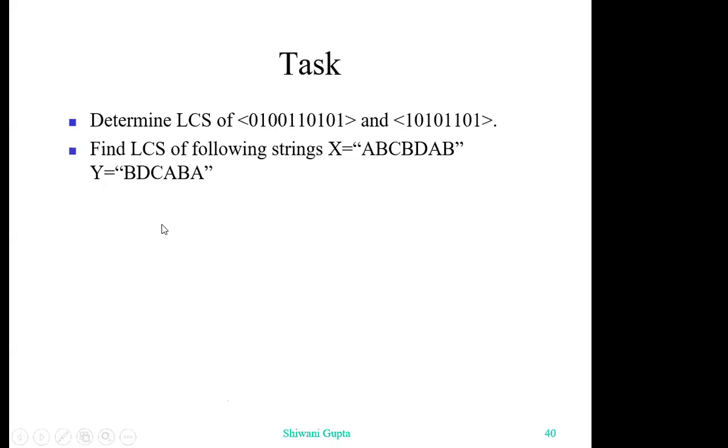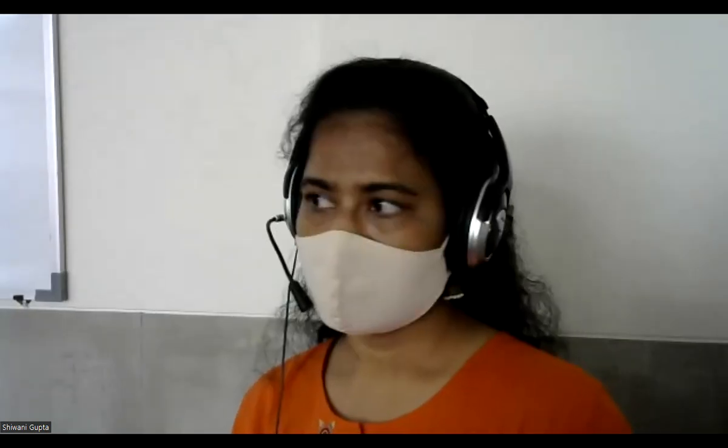So these are your practice problems again for this topic. And that covers our portion for ISA as well, that is module 3 and module 4. There are 6 problems that we have discussed.